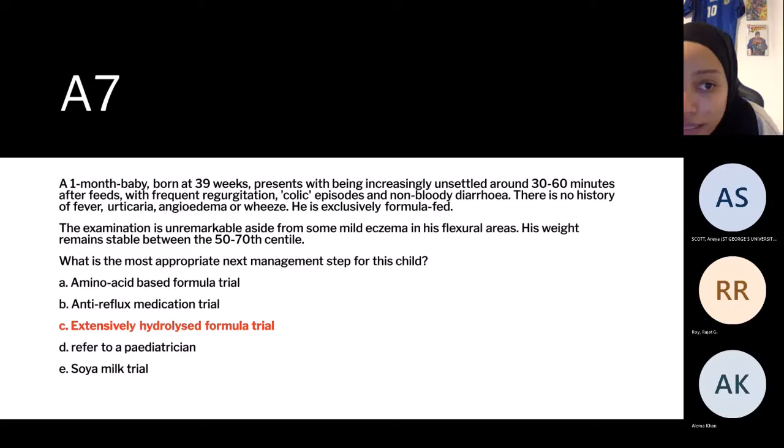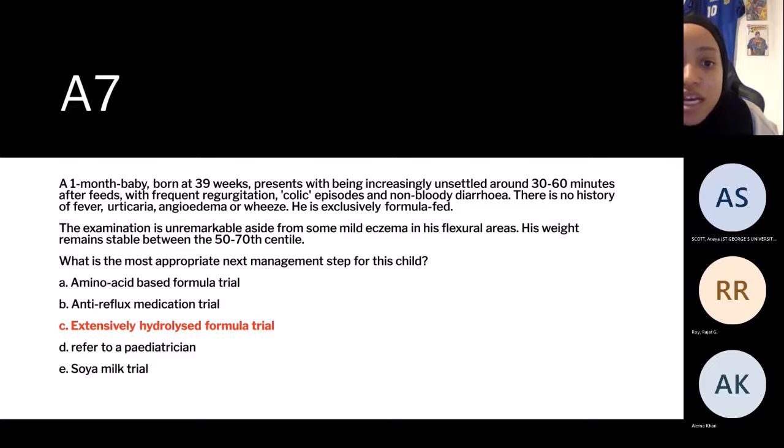So the first line when it comes to cow's milk protein intolerance or allergy is extensively hydrolyzed formula trial. That's always first line. Then after that, you may try amino acid based formula trial, but we'll go into that in more detail.